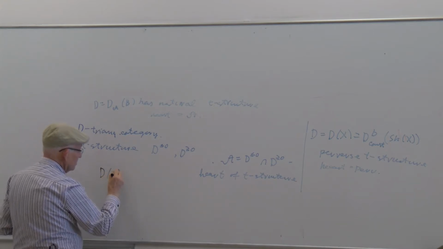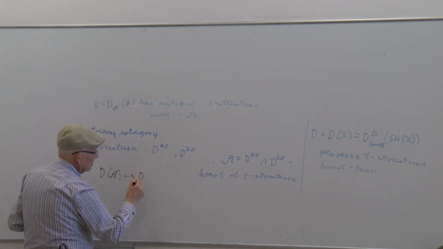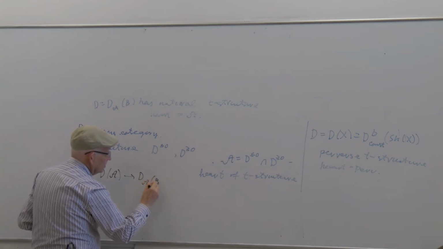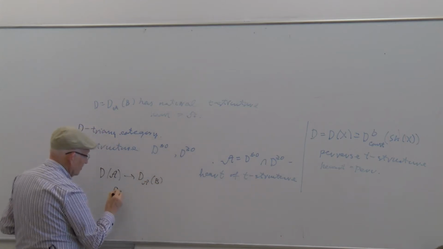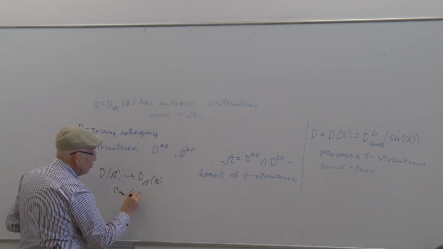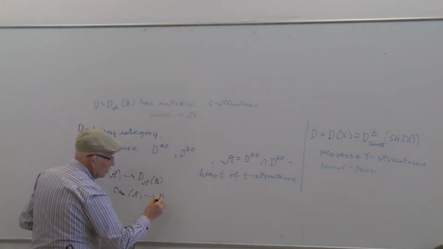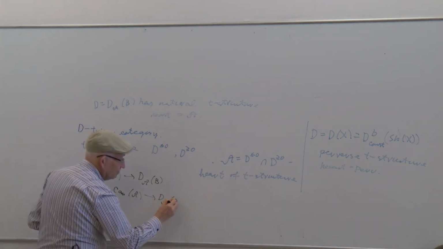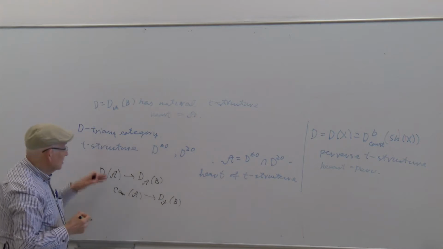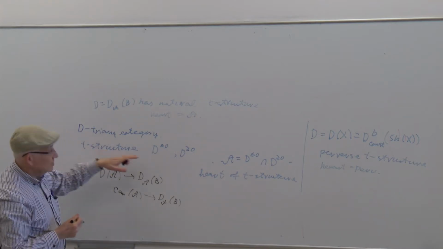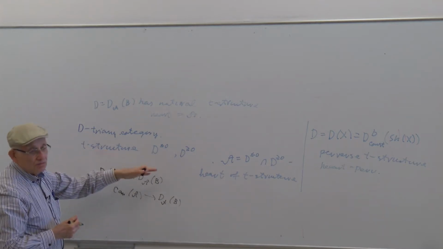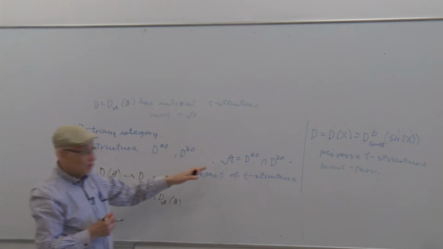a natural morphism D of A into D^b(A). Well, in fact, it's enough that you have a complex. If you have a complex of A, you can assign to it an object in D^b(A). In general, for the T-structure, it's not clear whether it's possible to do it.